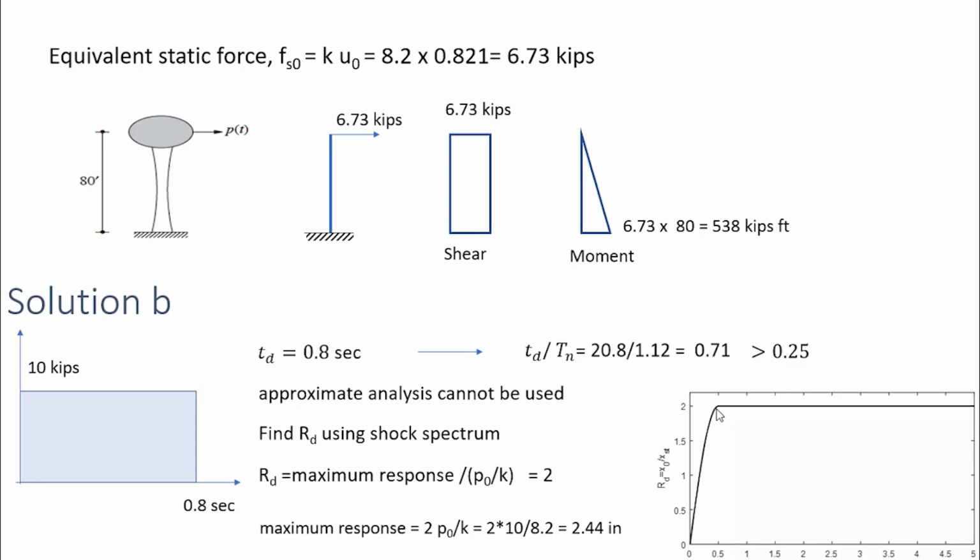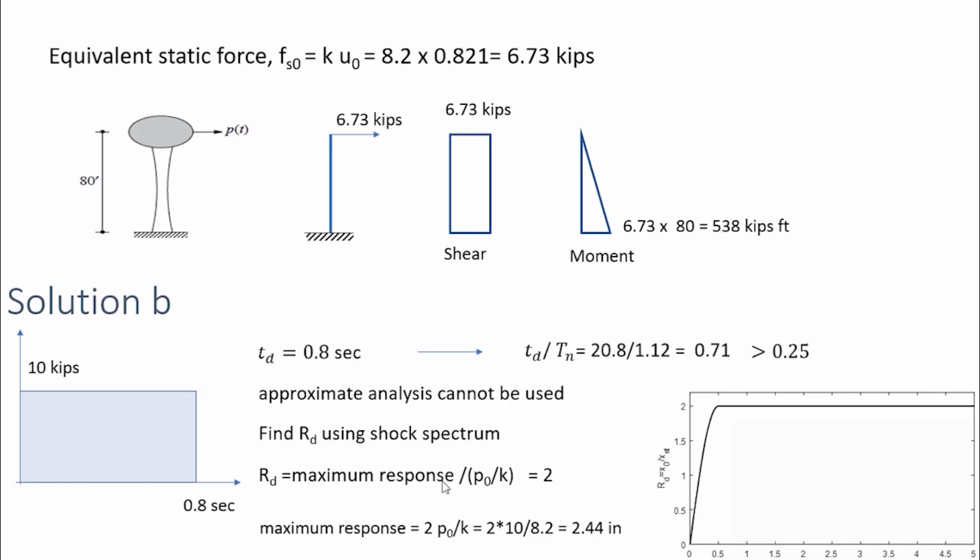We can see here that if this TD by TN value is higher than 0.5, then this RD, that is the deformation response factor, is equal to 2. That means the maximum dynamic response is twice that of the static response, and the static response is P naught by K. So the maximum response divided by P naught by K is equal to 2.